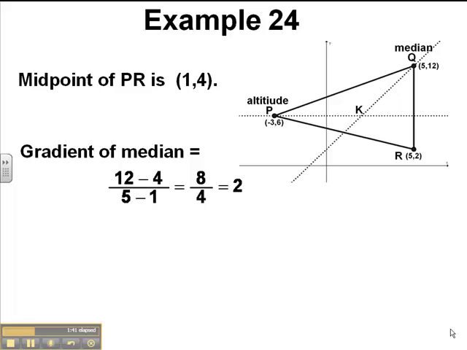Calculate gradient, it's the difference in the y coordinates over the difference in the x coordinates. Doing that with Q and the midpoint would give me a gradient of the line as 2.